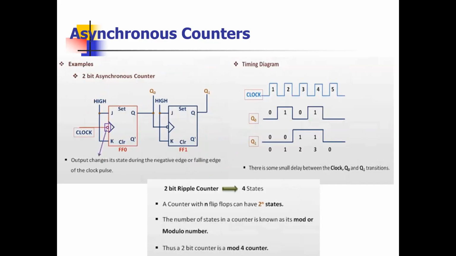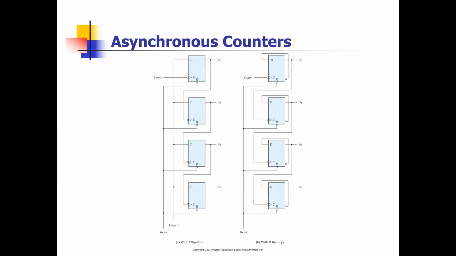Okay. But girls, the disadvantage does not mean that we cannot use this. We can use it, and to overcome this disadvantage, we can use the synchronous counter. But in some cases, based on the requirement, we use both asynchronous counter and synchronous counter.